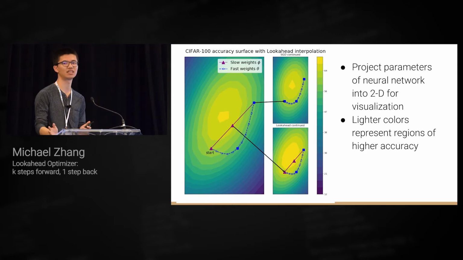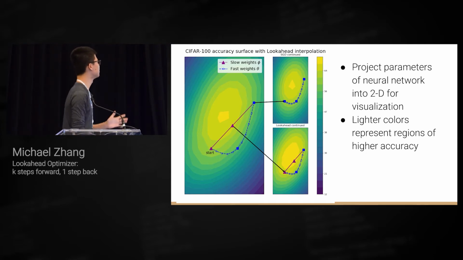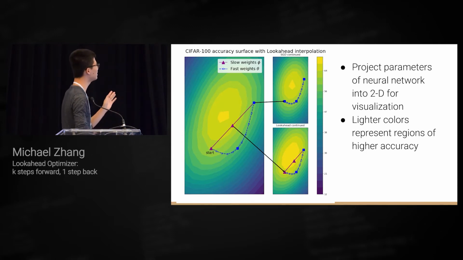So we project everything onto these 2 directions, and what we can do is visualize the test accuracy along these 2 contours. So what we can see is that as you take the k steps forward with your inner optimization algorithm, you're actually at a region of lower test accuracy, but along this interpolation direction, we get a region of higher test accuracy. And if you continue forward with SGD, you're again sort of circling around the minima, whereas if you do the look-ahead step again, you get to a region of even higher test accuracy.